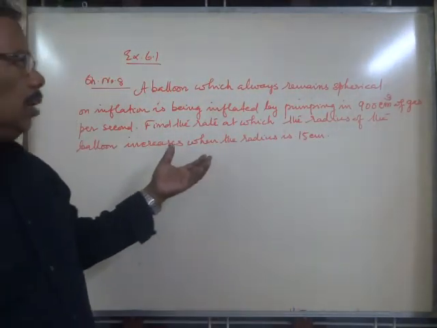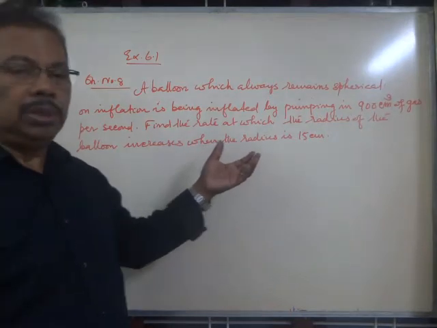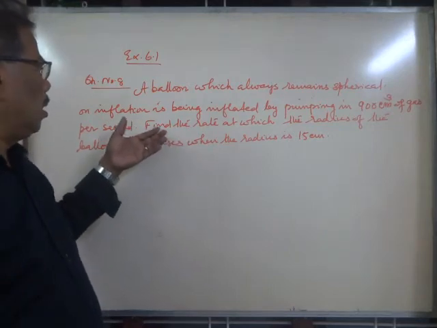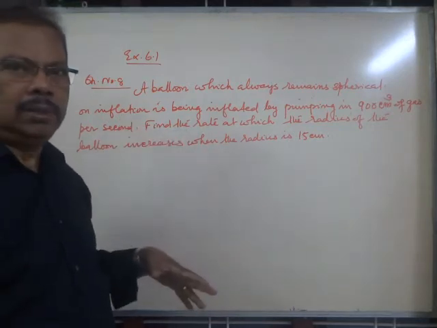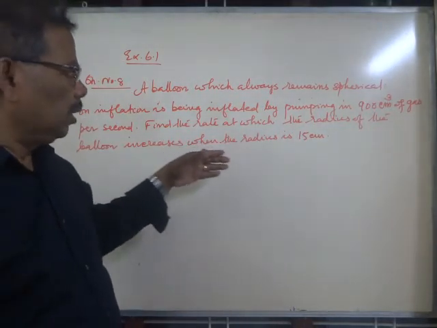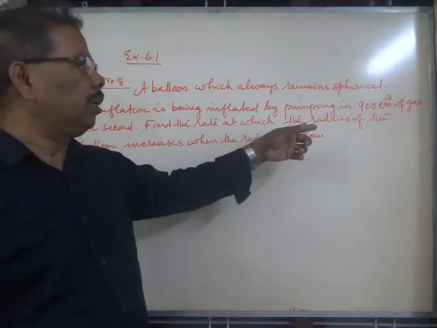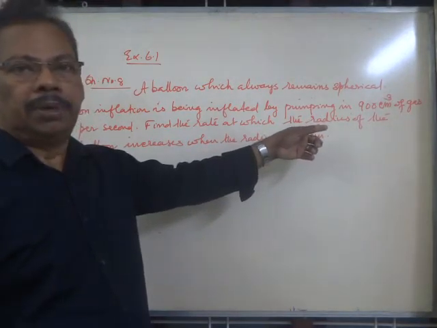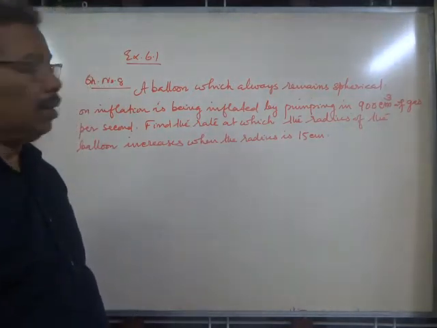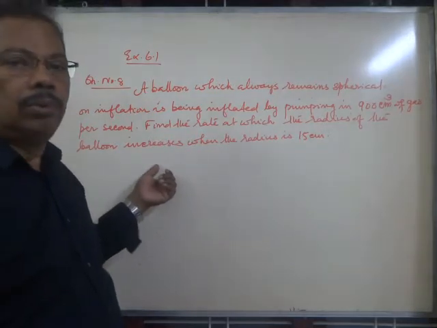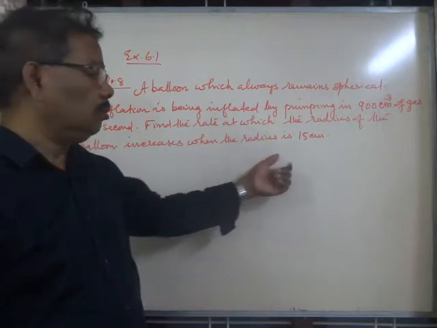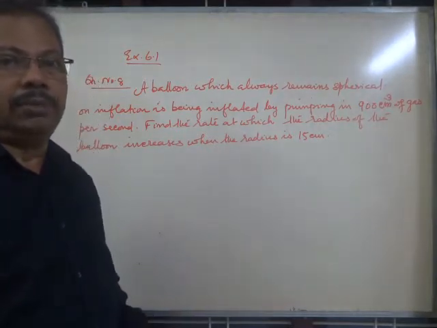When a spherical balloon, it is supposed to be spherical always, is inflated, the rate of increase of volume is given to be 900 centimeter cube per second, and we are asked to find the rate at which the radius of the balloon increases when the radius is 15 centimeter.